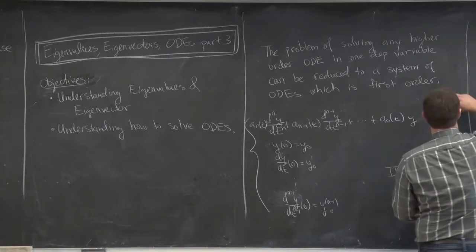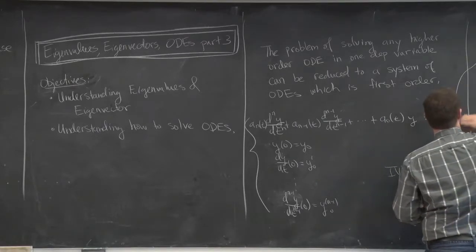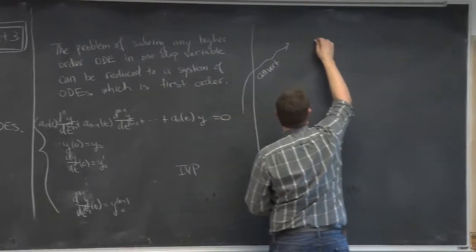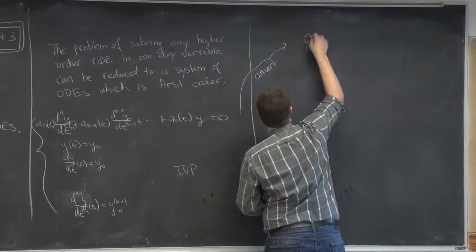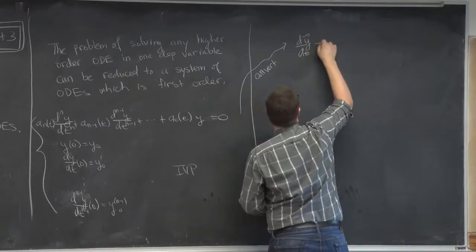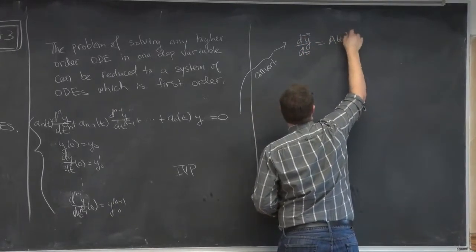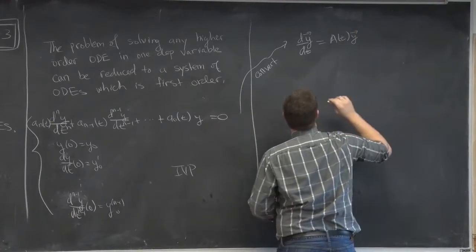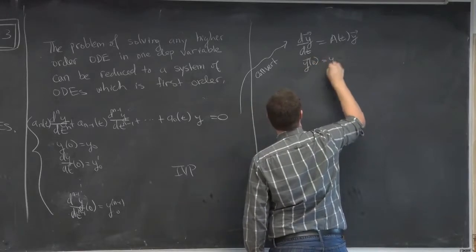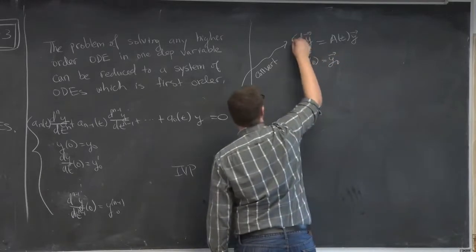Okay, and we convert this to a system of ODEs. Maybe I already did this, so dy/dt equals A(t) y, where y(0) is some vector y_0, like this.